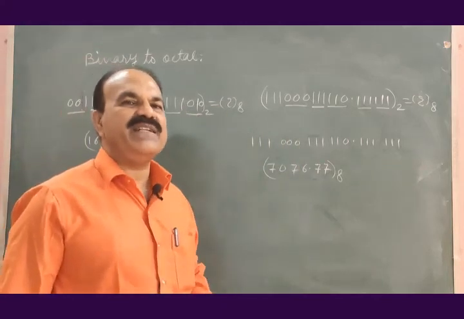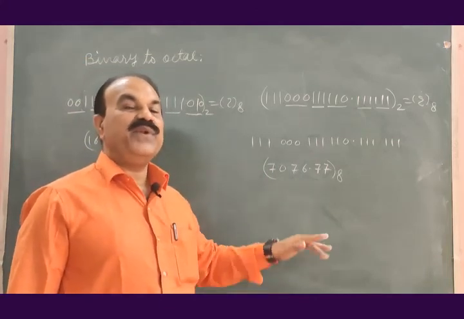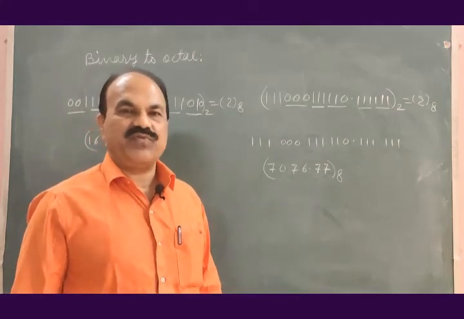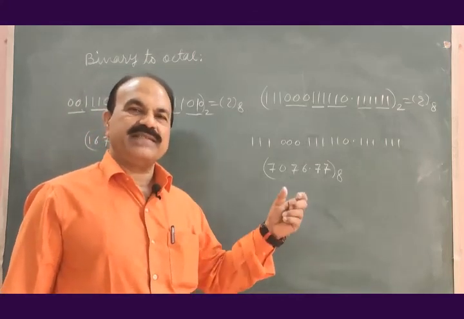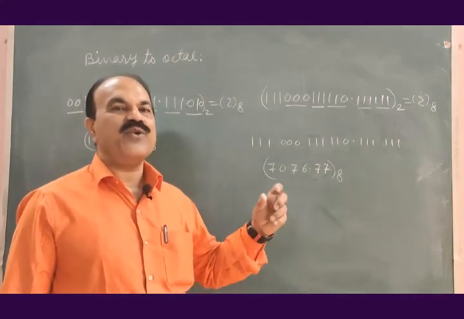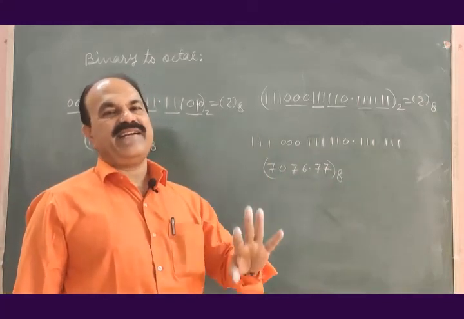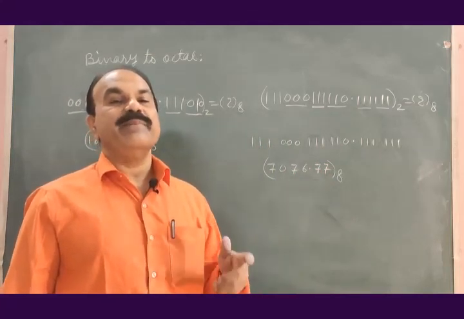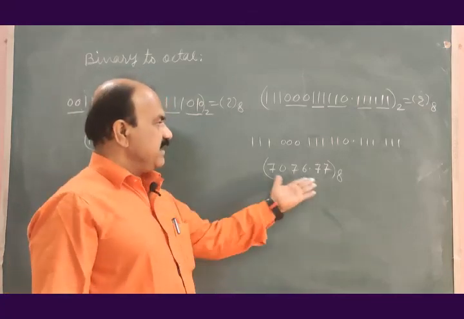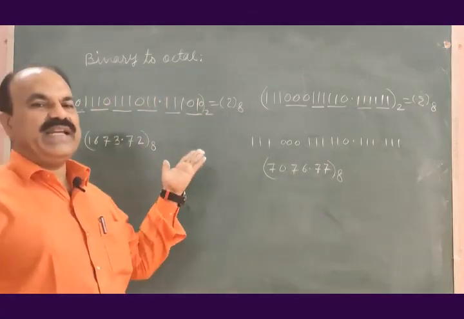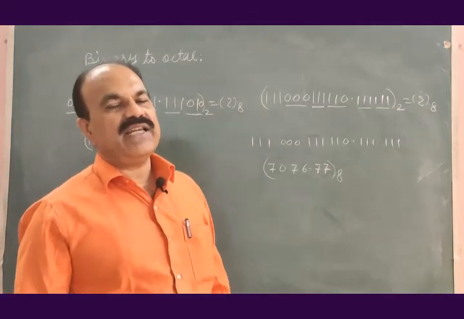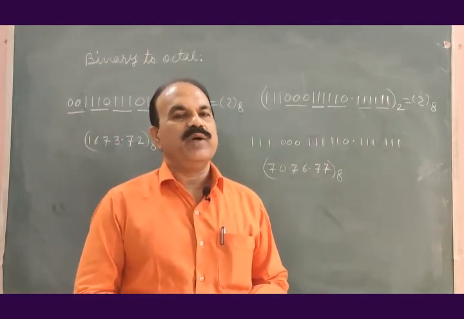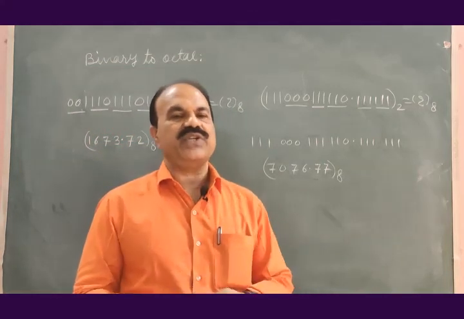Again make groups of 3 bits at a time till you reach the LSB. If you are short of 1 or 2 bits to form a group of 3 bits at the LSB, add those number of zeros to the right side in the fractional part. Then replace each group of 3 bits by its octal equivalent, this way to get the octal equivalent of the given binary number. So this is about the 4 different types of conversions we talked about here.